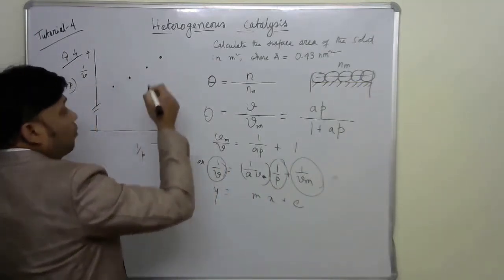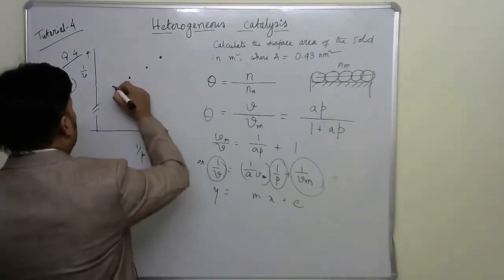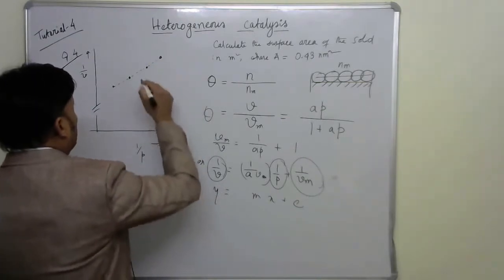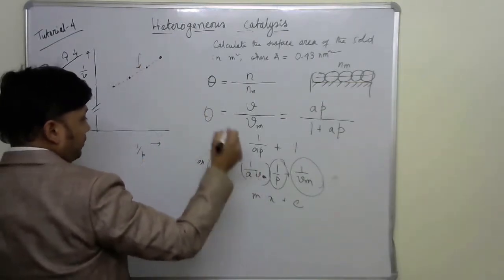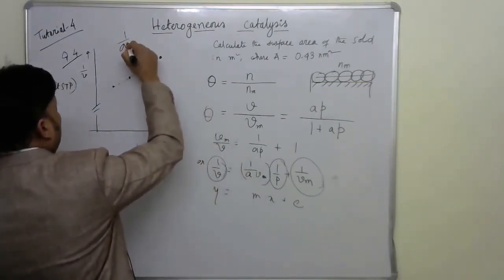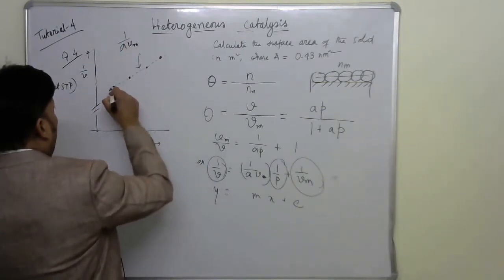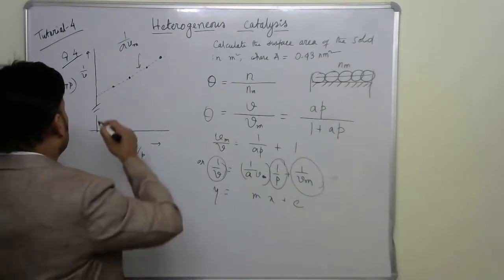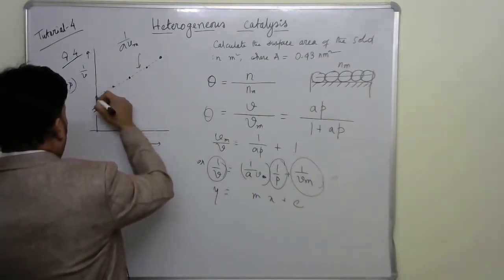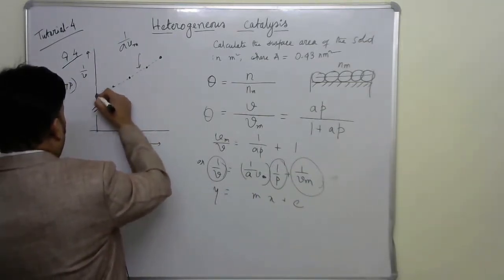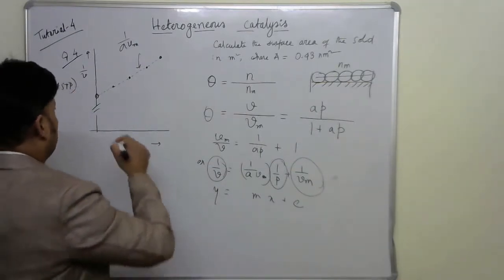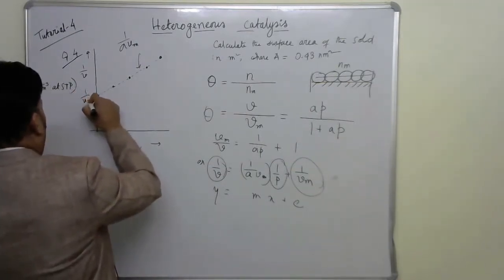All those 4 points are there, and the best fit should give us a straight line. The slope of the line is 1 over A multiplied by Vm, and the intercept when 1 over P is equal to 0, that is here, gives 1 over Vm.